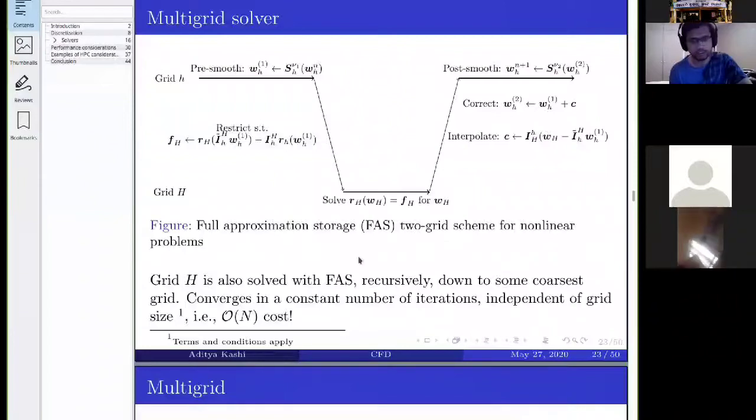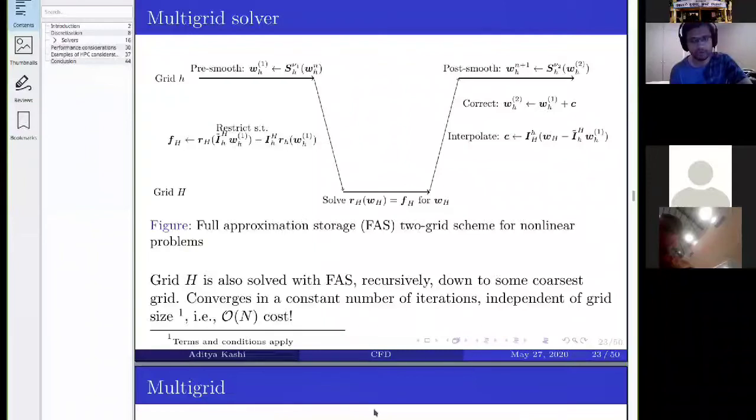Now, typically, we recursively solve this with multigrid. Because this equation is so similar to the original equation, we apply multigrid again to this, and we further have a coarser level to solve this problem. And we keep going to coarser and coarser levels until we have a very trivial equation with, say, only a few hundred unknowns.